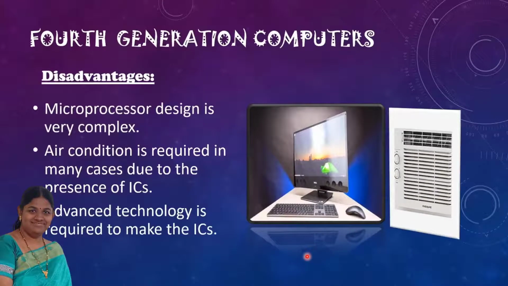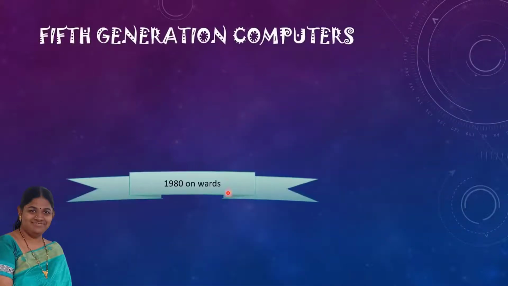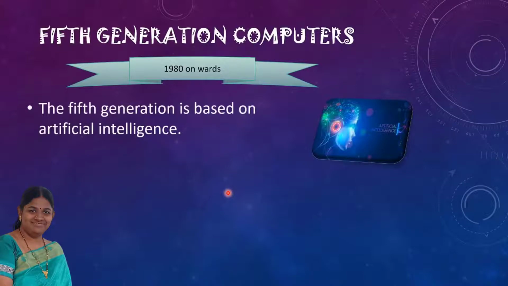The disadvantage of microprocessor computers is that the microprocessor design is very complex, air conditioning is required in many cases, and advanced technology is required to make integrated circuits. For all these generations of computers, air conditioning is required, otherwise they heat up quickly and the system may be damaged.